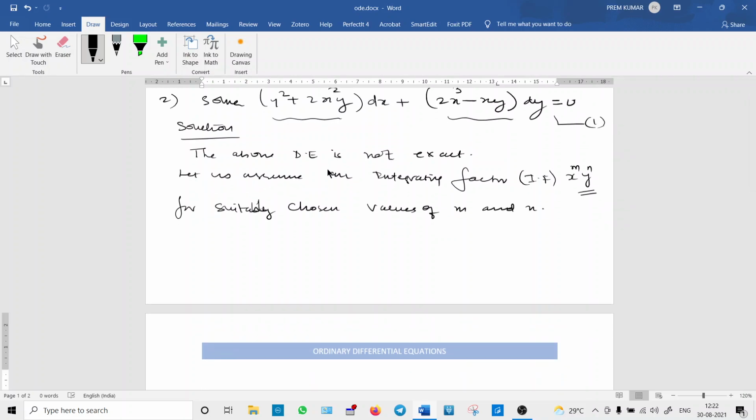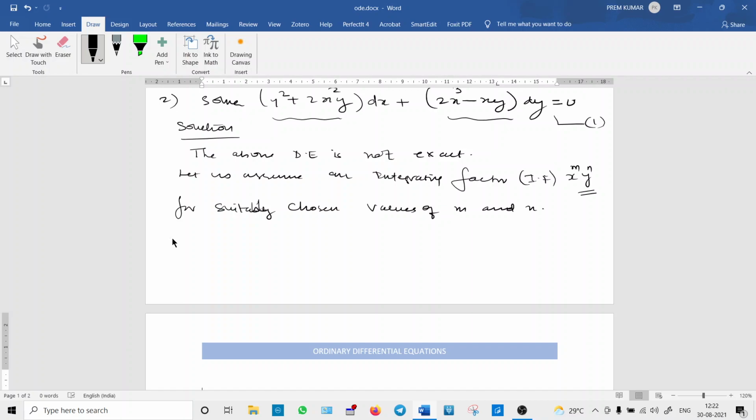So now we are going to multiply x power of m into y power of n throughout. We are going to multiply throughout by this integrating factor.